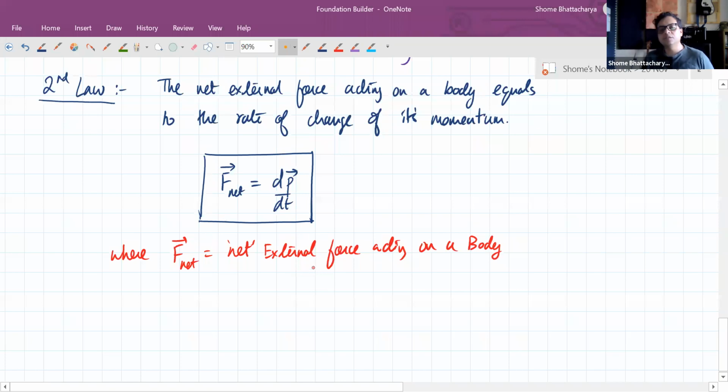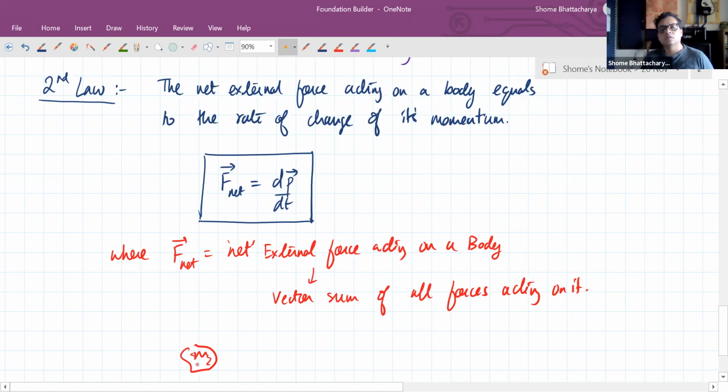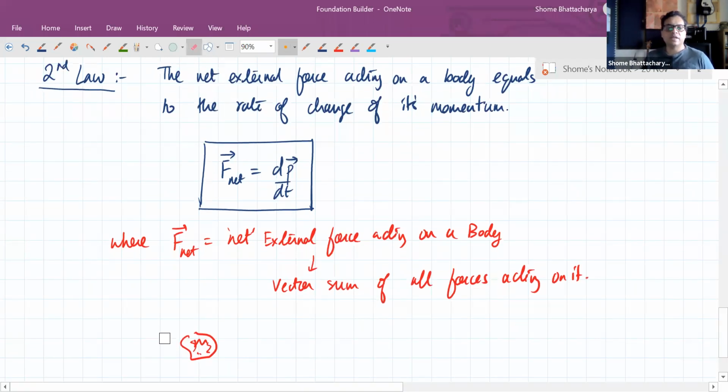By that we mean it is the vector sum of all forces acting on it. For example, if we have some kind of a body of mass m, and on this body a number of external forces are acting, it can be any odd shape, so I'm just taking an arbitrary shape.